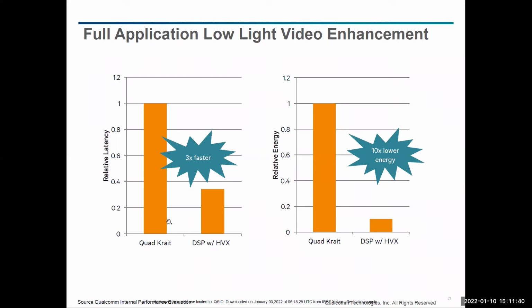As you can see, the performance of the algorithm on the DSP is 3 times faster, and the energy requirement is 10 times lower. So for the same amount of work, firstly, it is faster. Secondly, the energy requirements are much lower, and that is primarily the reason why we are able to get always-on kind of applications to run on the DSP.